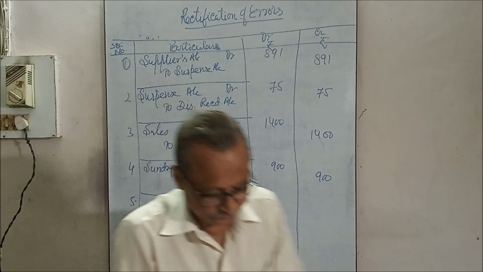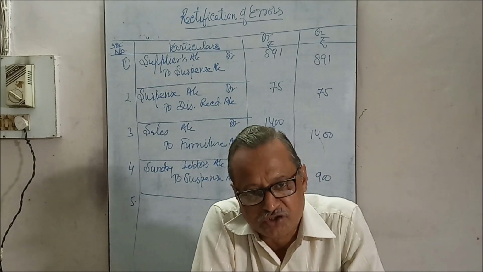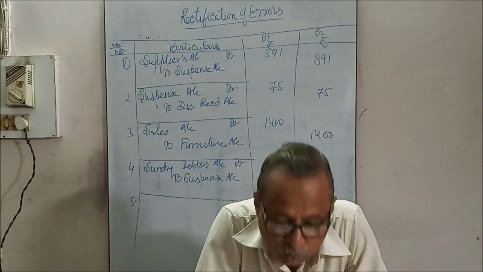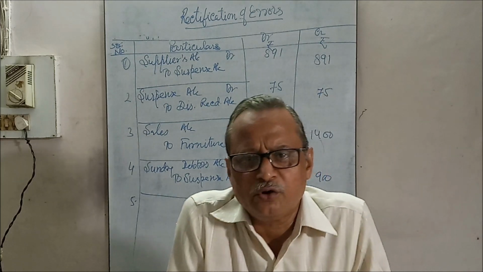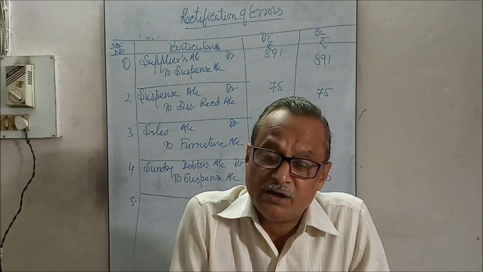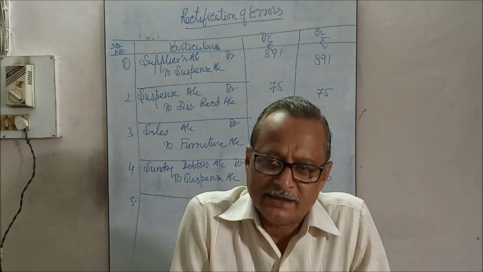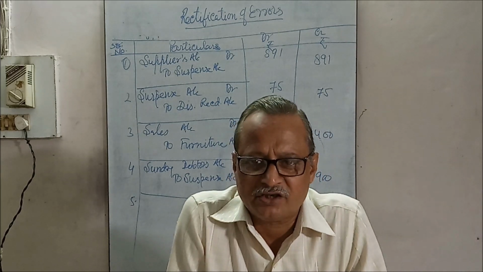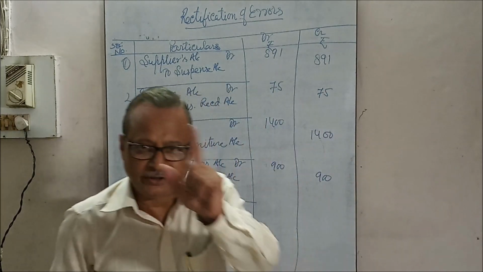Fifth item. Goods of the value rupees 3000 returned by a customer. It is sales return. Posted to the debit of the customer who returned the goods. If the customer returned the goods, the entry should be passed: sales return account debit to customer account, and the customer should be credited. But in place of crediting the customer, it was debited. So here we have to credit the customer.